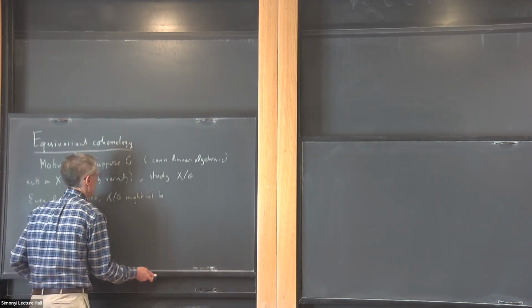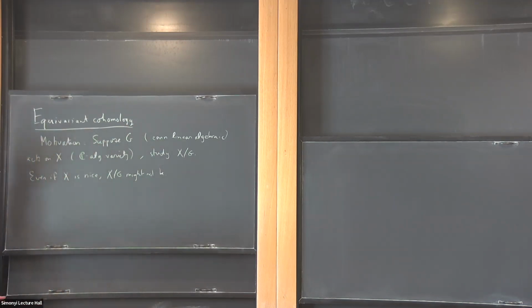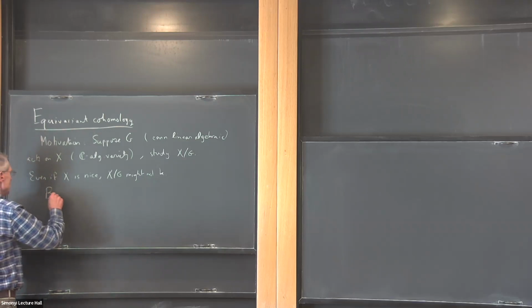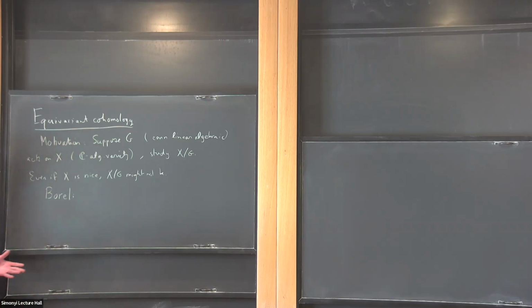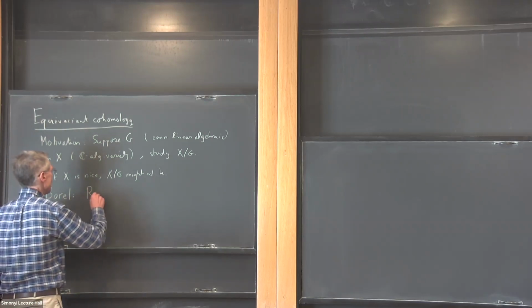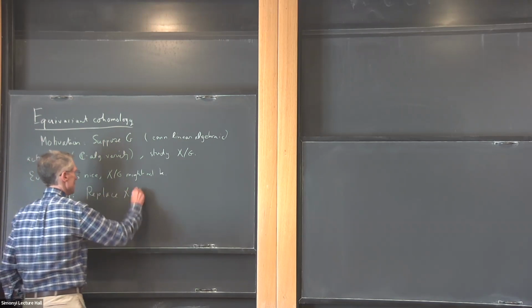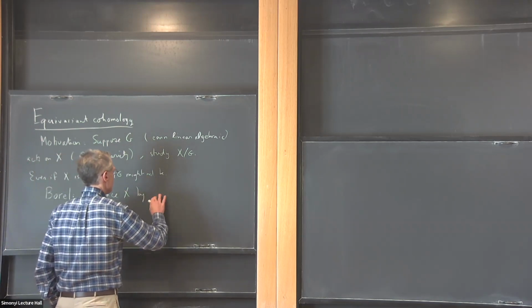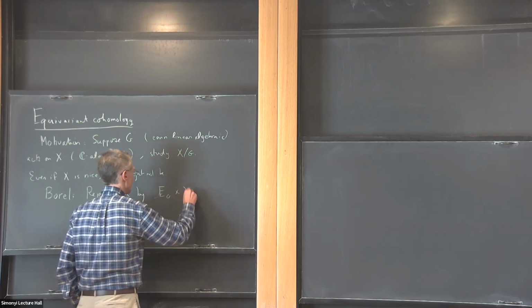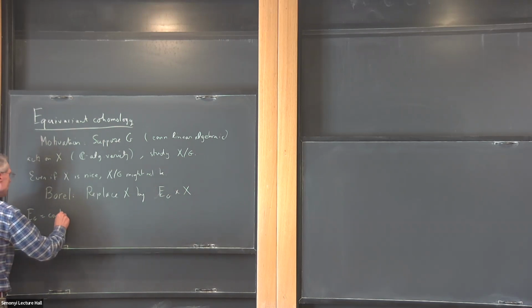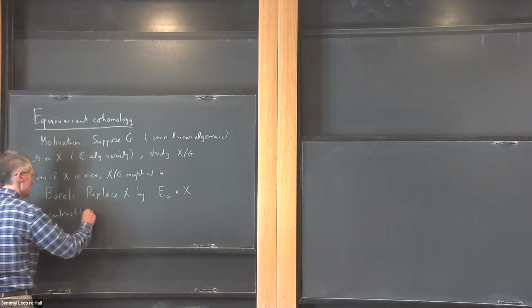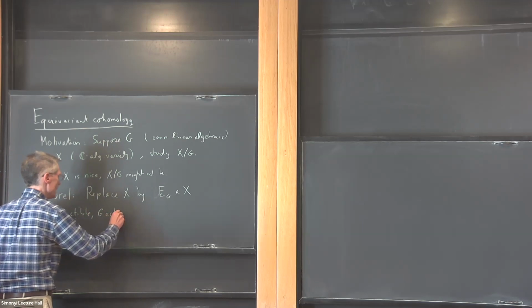I guess this was Borel who had the idea, at least this appears in Borel's work. Probably he talked about this at IAS in the 1950s. So we're revisiting it. We want to replace X by EG cross X, where EG is a contractible space on which G acts freely, so there are no stabilizers.